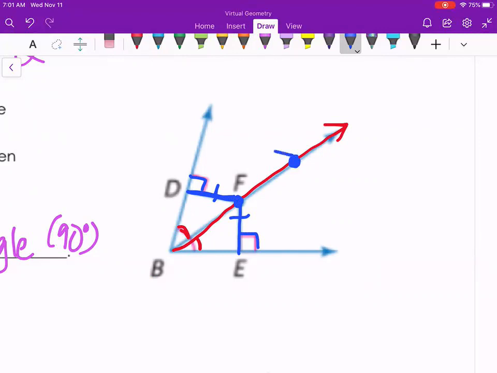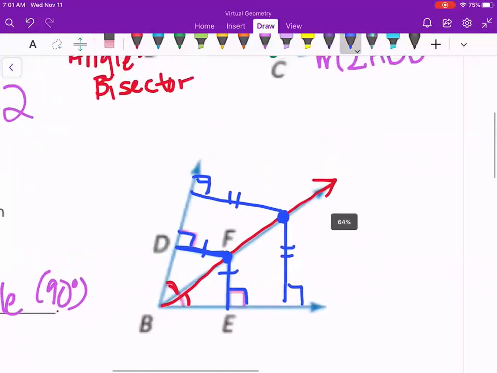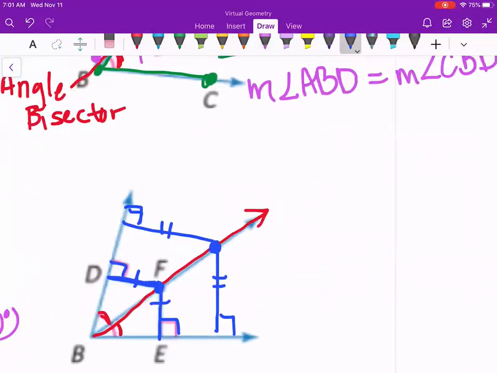That distance to the sides where it's making that right angle is going to be congruent. So no matter how long the angle bisector is specifically drawn, I can still extend it out and same as before.